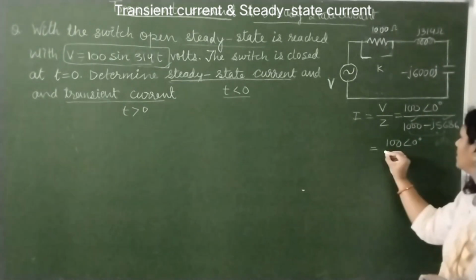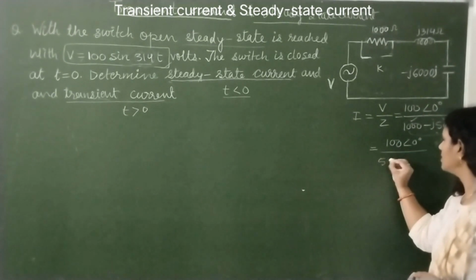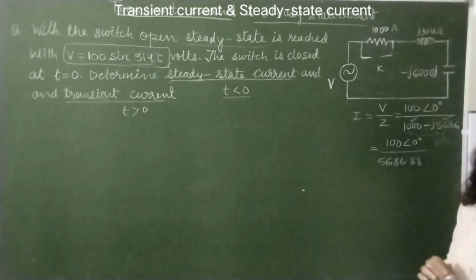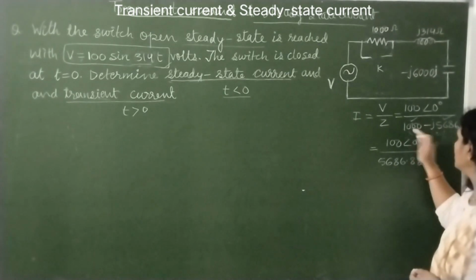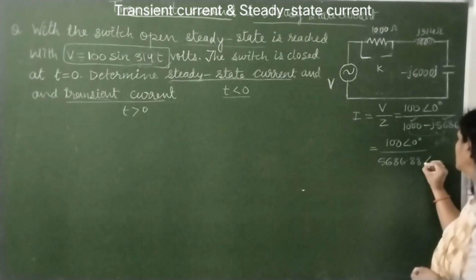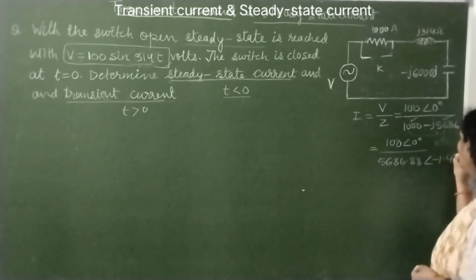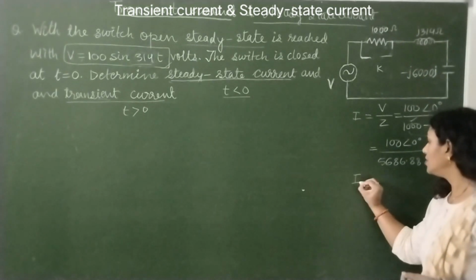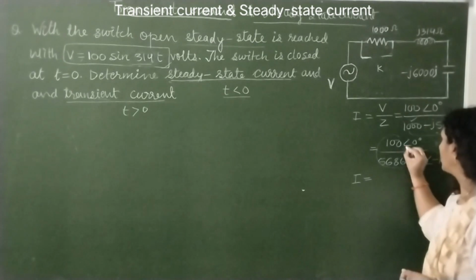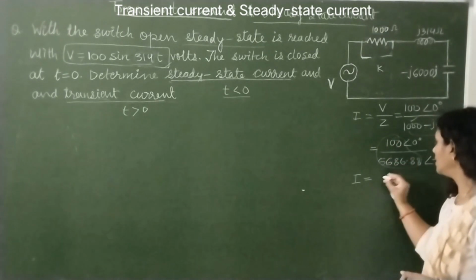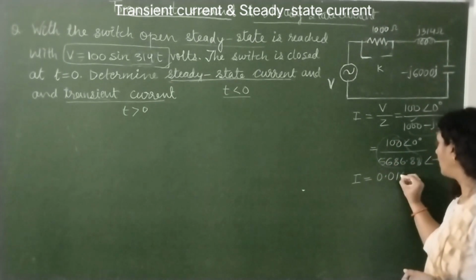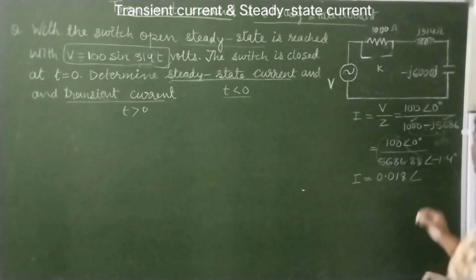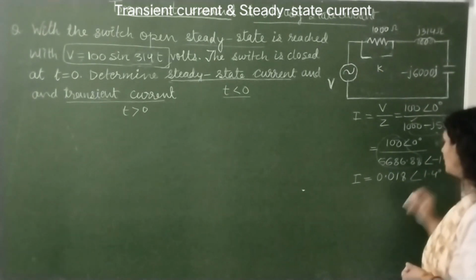By squaring these two terms and taking the root, this will give us 5686.88, and by dividing this term by this term and taking tan inverse, we will find the angle, which is minus 1.4 degree. So our steady state current we can calculate by solving this, and this is 0.018, and the angle is 0 minus (minus 1.4), that is 1.4 degree.